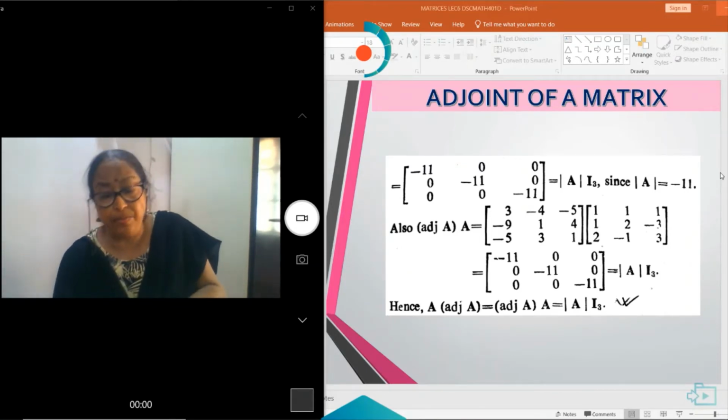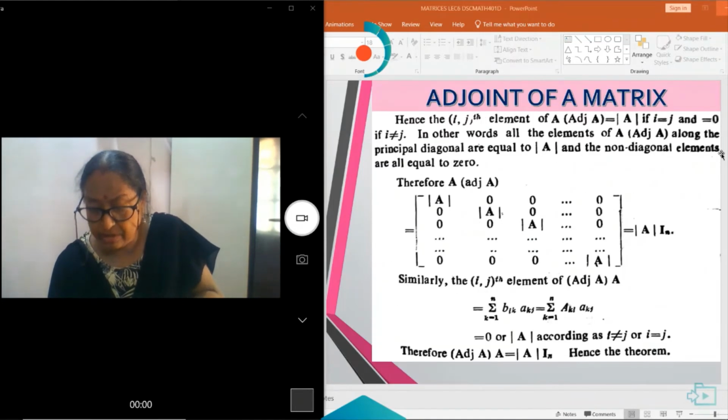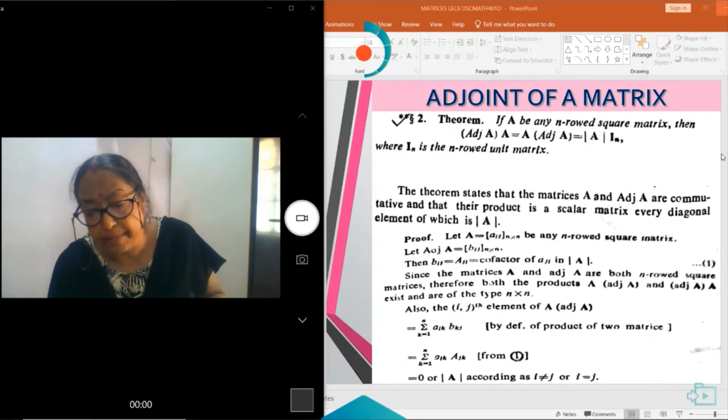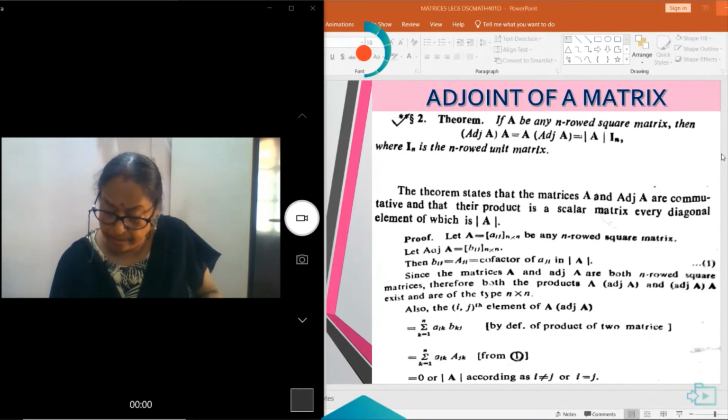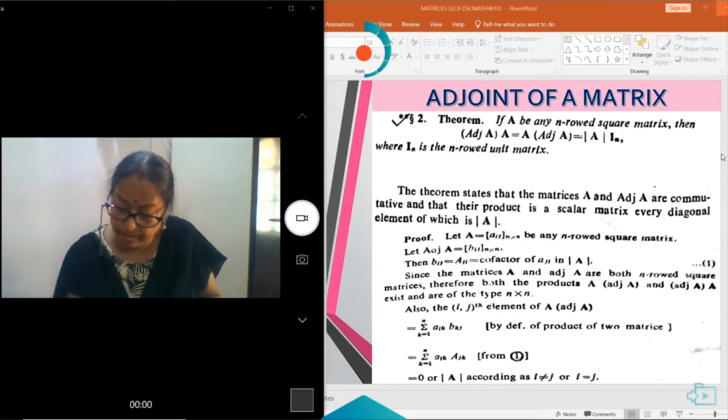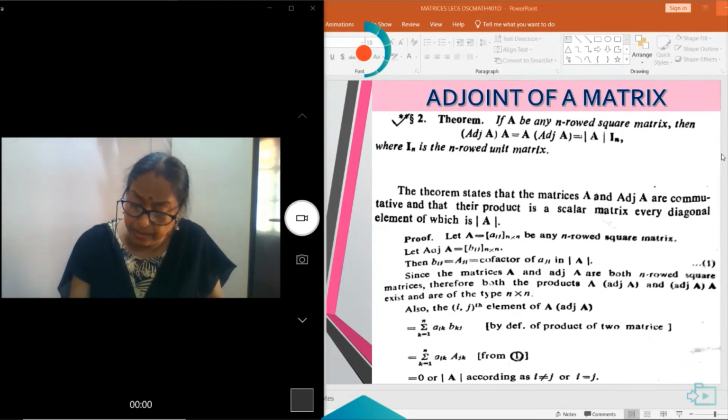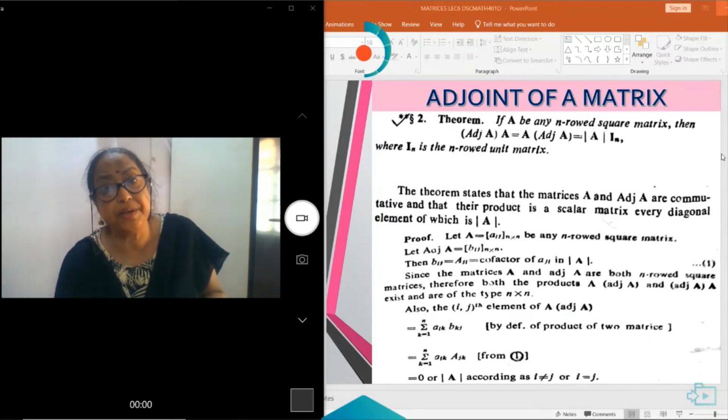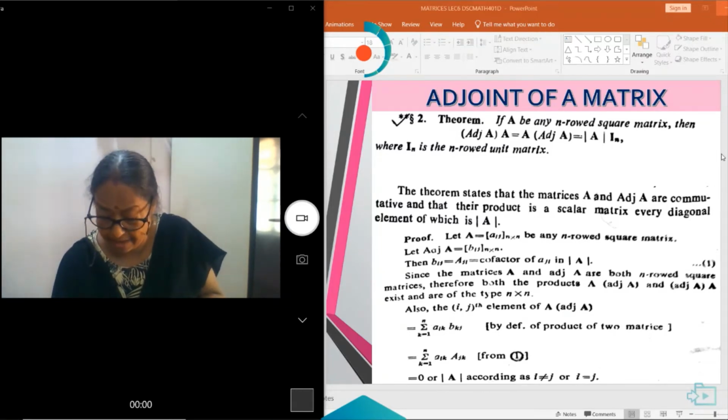Now we will discuss the theorem: adjoint A into A is equal to A into adjoint A is equal to determinant A into IN.